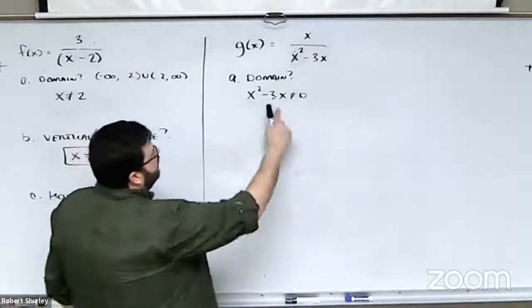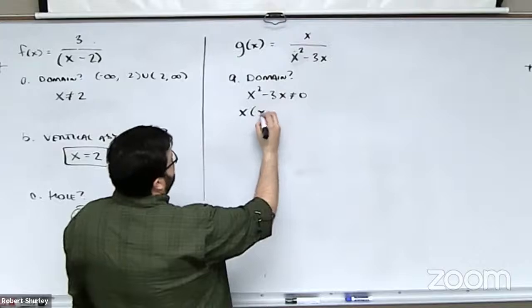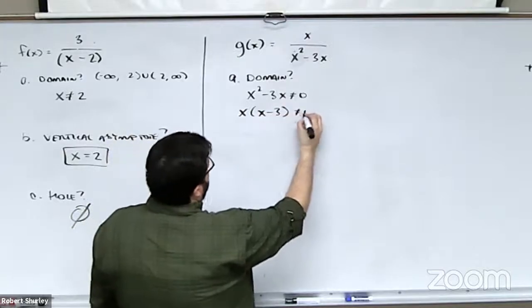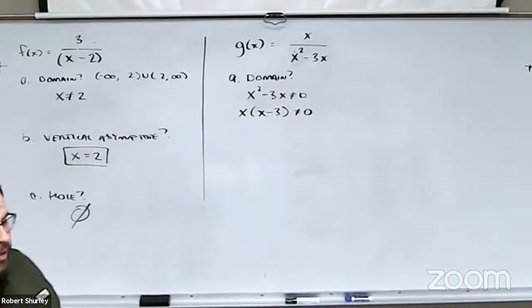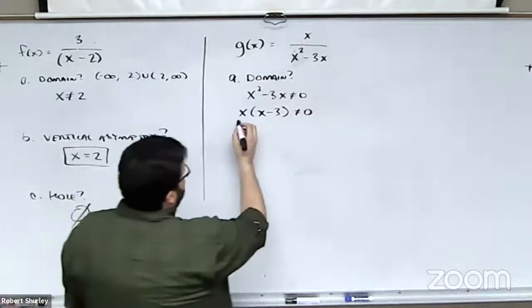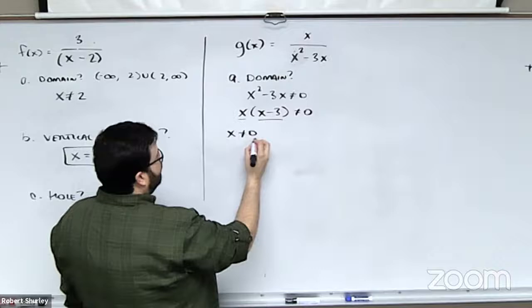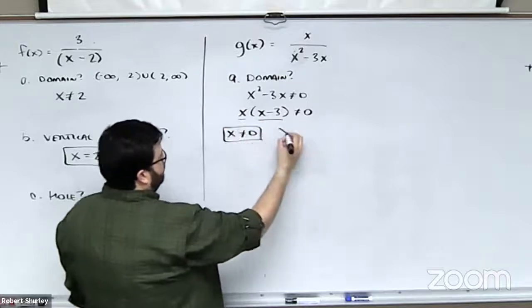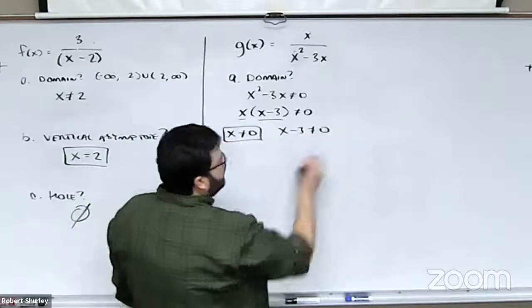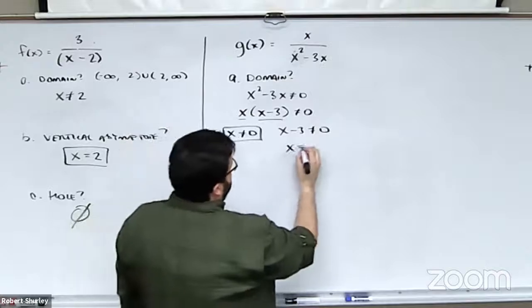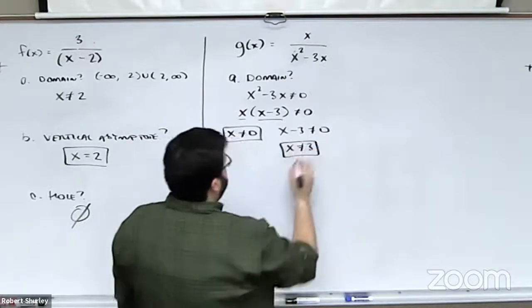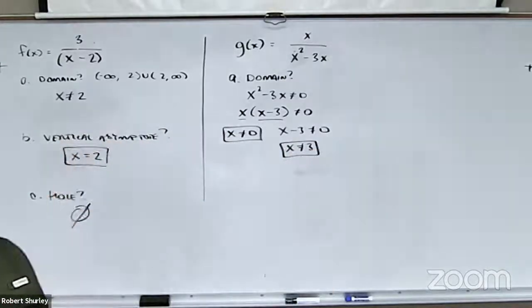If I look at x squared minus 3x, I can factor an x out. And I'm left with x minus 3. So that's my factored version. That'll help us out up there. We've got x can't be 0, right? We have to set each one of these equal to 0. And x minus 3 can't be 0, so x cannot be 3. Those are our two domain restrictions.